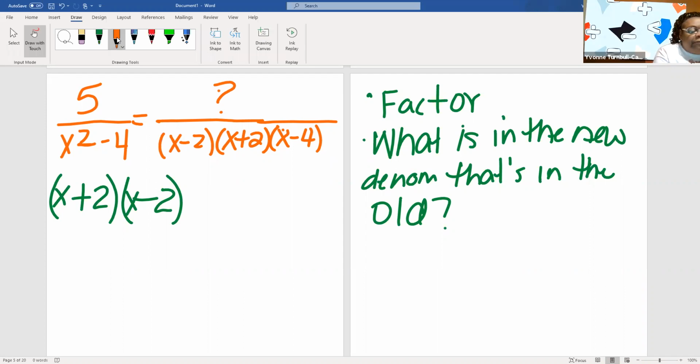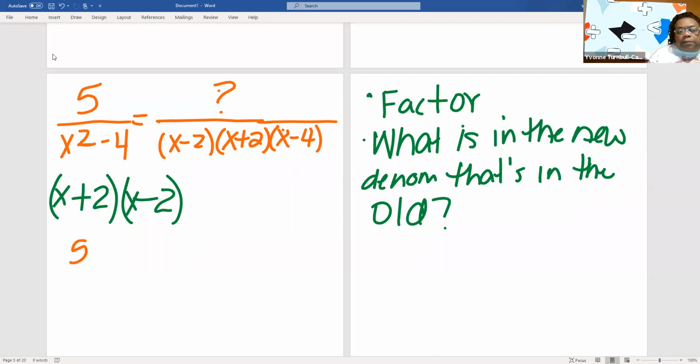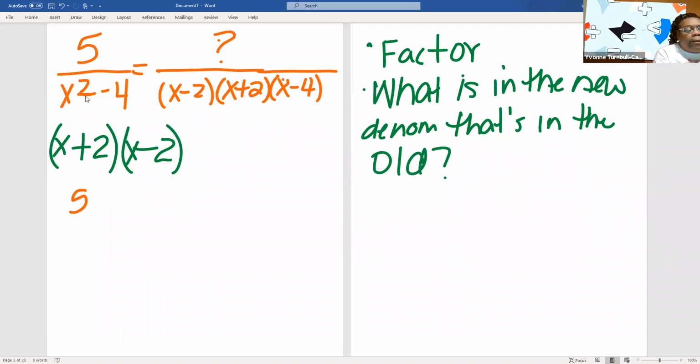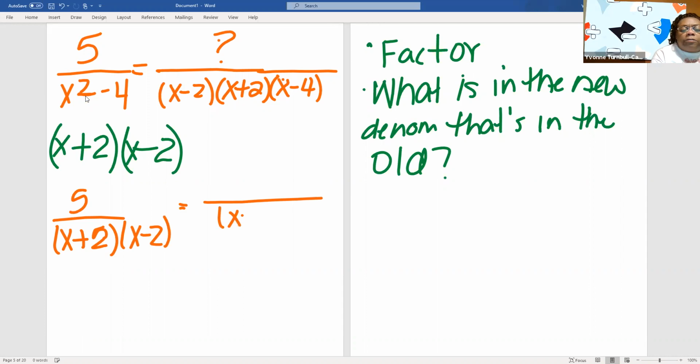So we have 5 over, I'm going to write the green form of the denominator instead of the original, x minus 2, equals x minus 2, x plus 2, x minus 4.